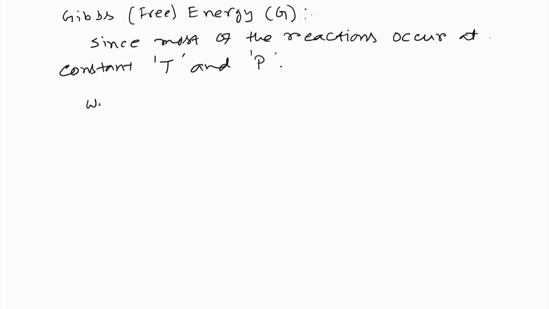So, we will define that quantity now. We know dU is del Q plus del W. Remember, here pressure is constant, unlike for the case of Helmholtz free energy where volume was constant. There we could make del W 0, but here del W is not 0.